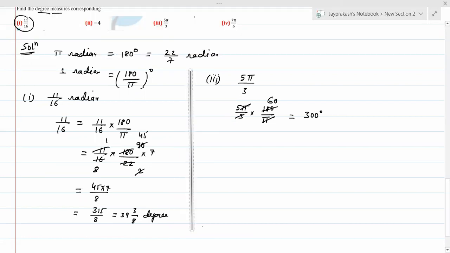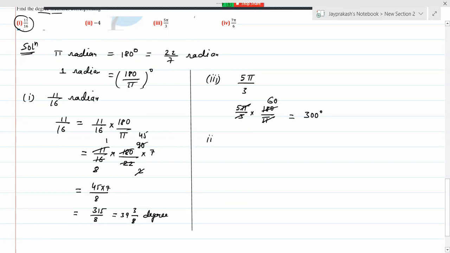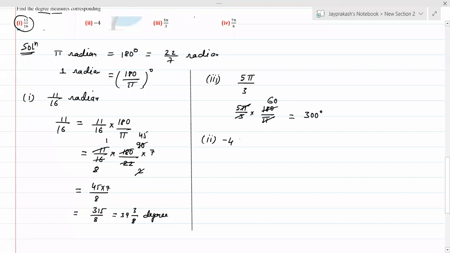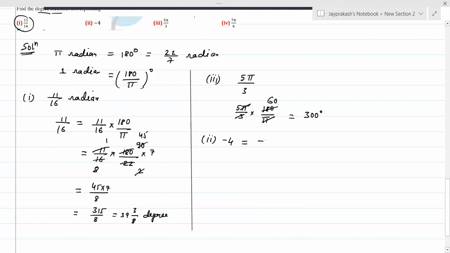Now the second question is minus 4. It looks easy, since we have to write only minus 4, but minus 4 is more complicated. See how it is complicated when you want to change into degree measurement. So 4 radian means we will multiply again by 180 by pi.